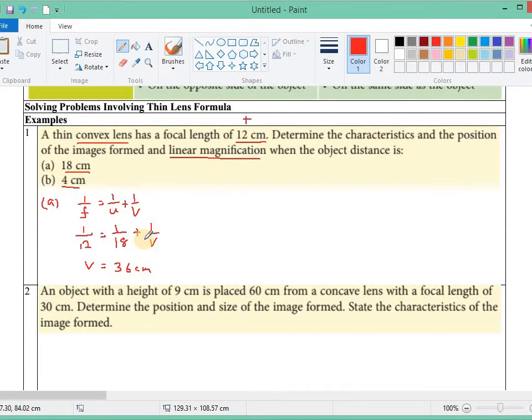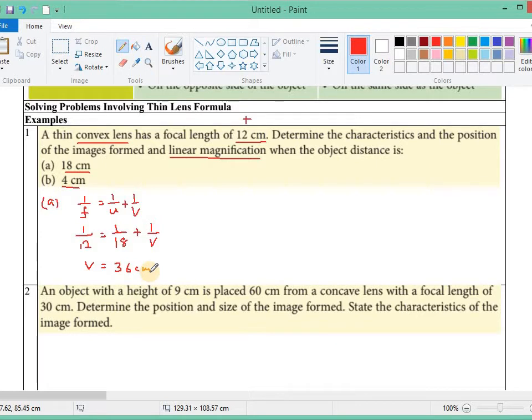One very important thing is, after you take this and minus this, remember to take 1 and divide with the answer. A lot of students make the mistake of forgetting to divide, for this 1 over v. So here we see that it is positive 36 cm.